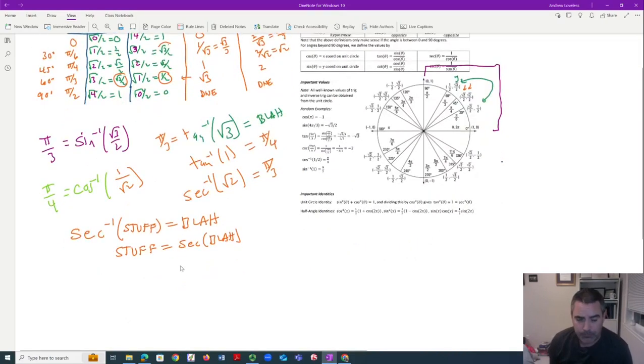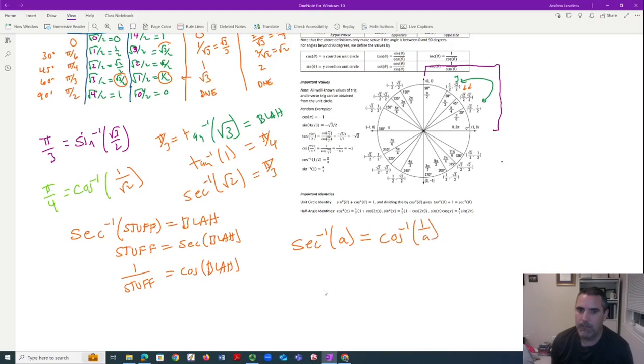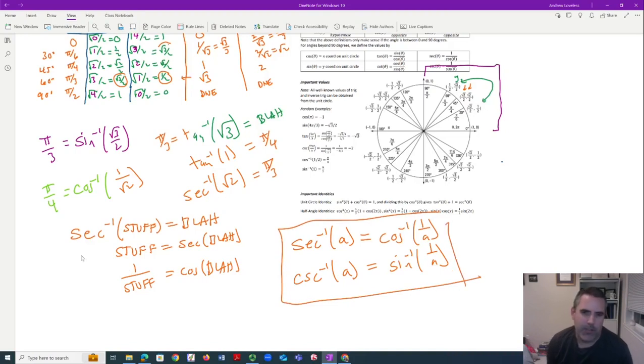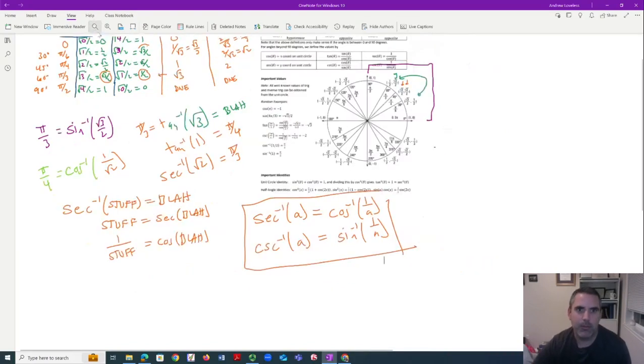And that other way is that cosine of blah is 1 over stuff. And so the truth is that inverse secant of anything, let's call it A, is the same as inverse cosine of 1 over A. And similarly, inverse cosecant of A is inverse sine of 1 over A. Now, those are not things I use very often, so I kind of had to think about that for a second.